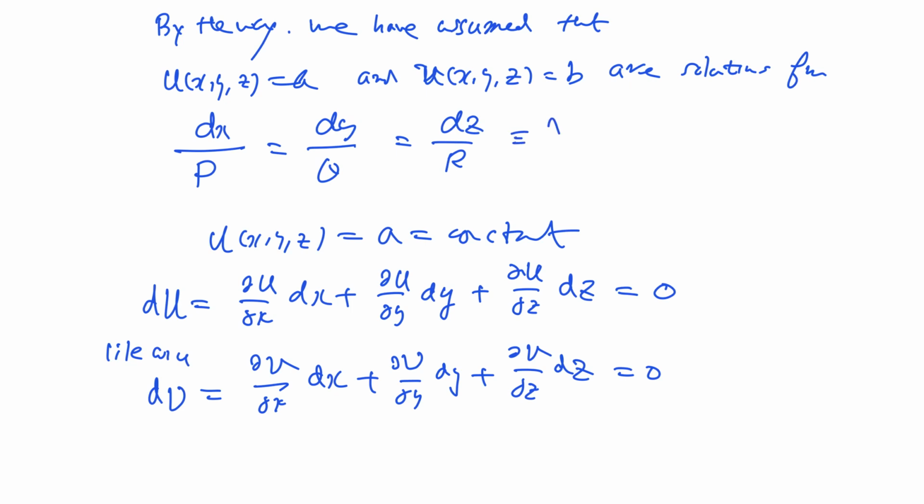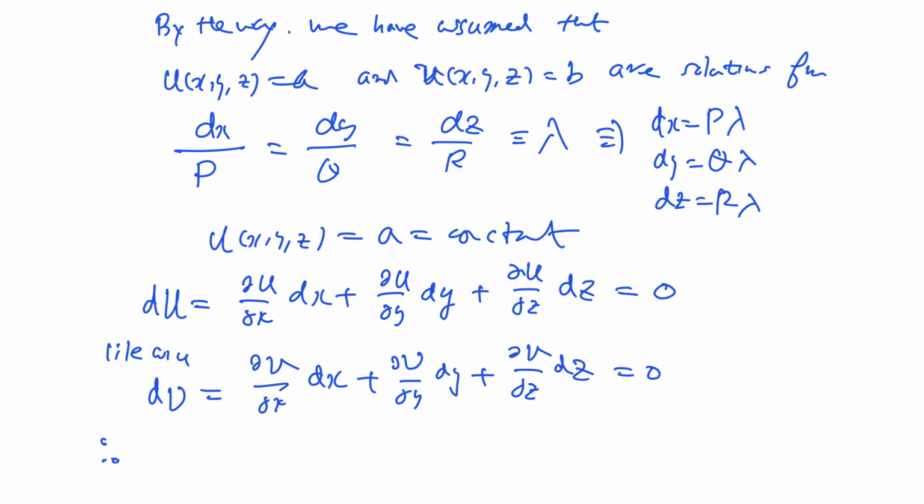Say this is lambda, what happens? dx is P lambda, dy is Q lambda, dz is R lambda.